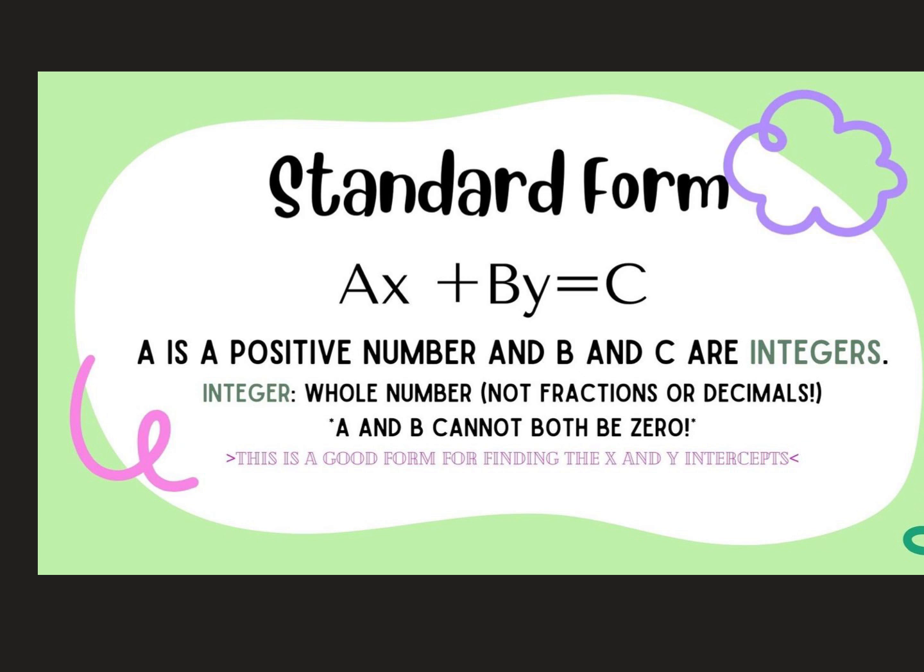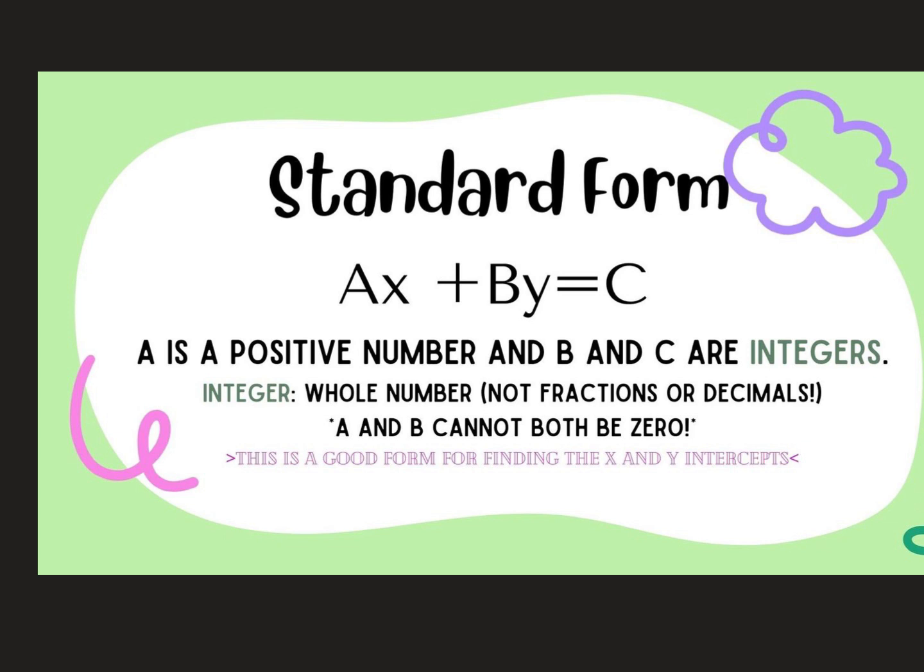Now, the two things I told you that you needed to remember was first that our a value is a positive number. A always has to be positive, and b and c are going to be integers. Now, integers, remember, they're whole numbers, so no fractions or no decimals.